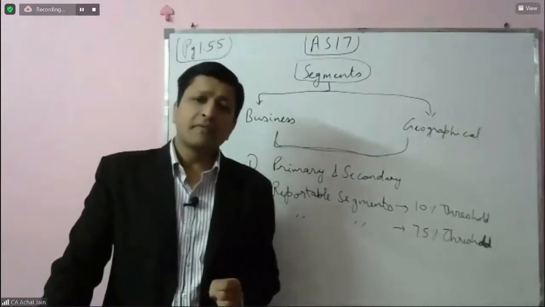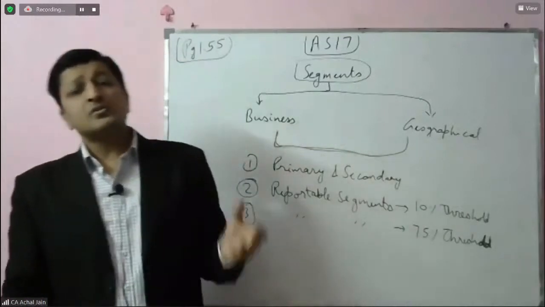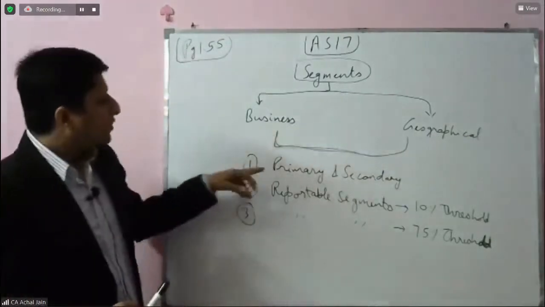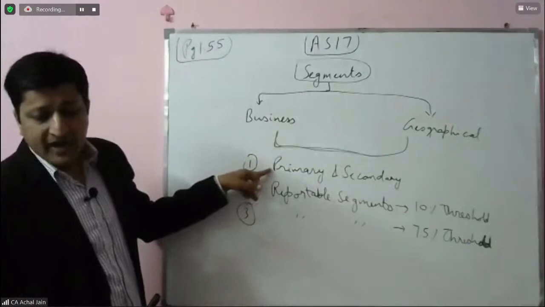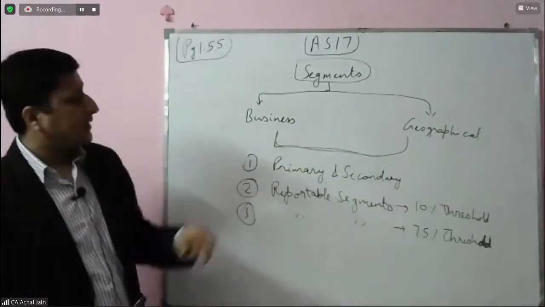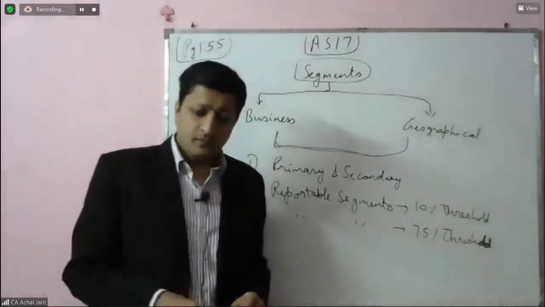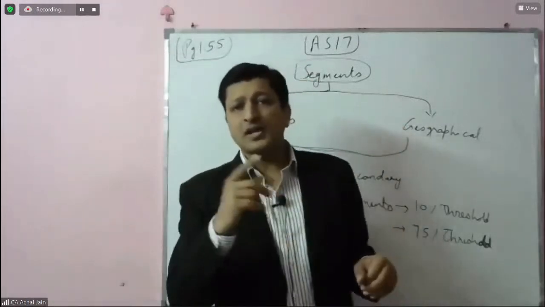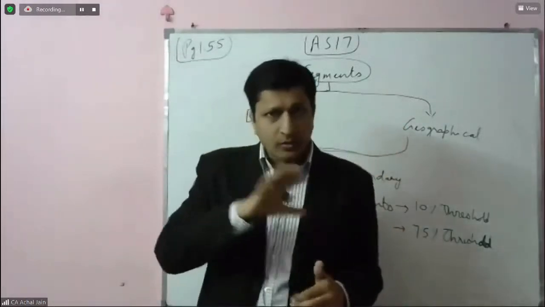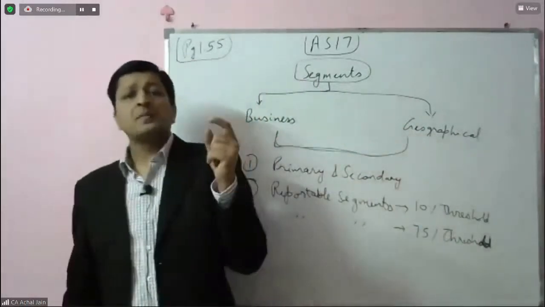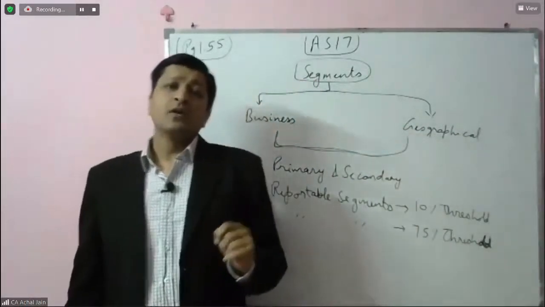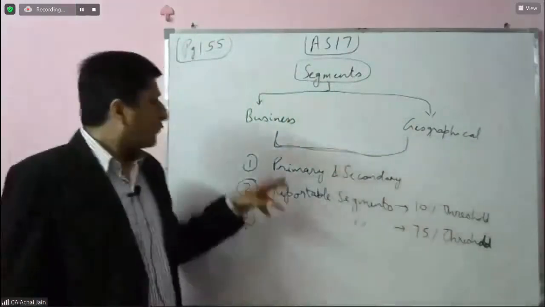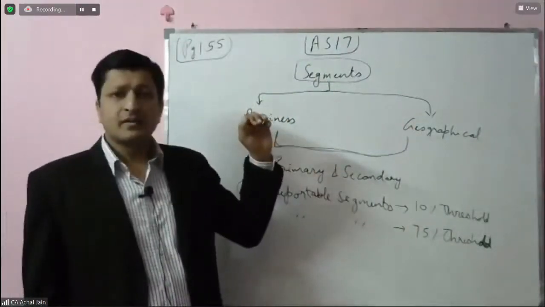Now, what we will do is move on to those disclosures which are required to be given for the primary segment and for the secondary segment. Now we will not talk about business segment or geographical segment. Why? Because for the purposes of our disclosures, we know there are two types of segments. One is primary, second is secondary.